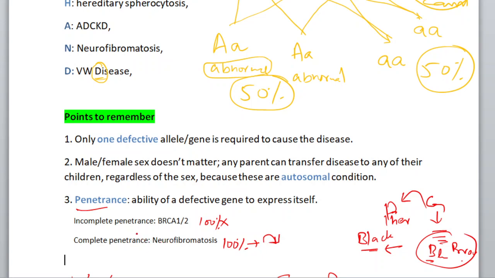Penetrance means the ability of the defective gene to express itself. Neurofibromatosis is 100% penetrant, expressing itself in the next generation. But BRCA1 and 2 is an example of incomplete penetrance, where you don't see 100% penetrance. Some of the girls might have the disease and some might not, even though their mother might be a disease patient. So I guess this is all.